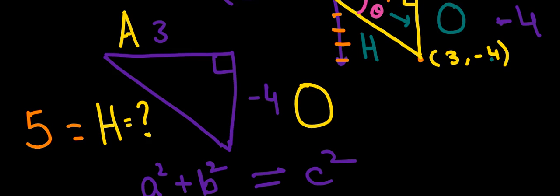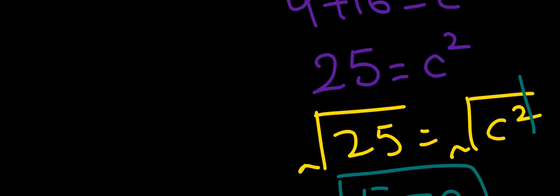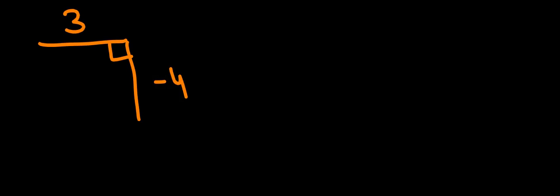So we have 3, negative 4, and 5. That was 3, that was negative 4, and the hypotenuse was 5.